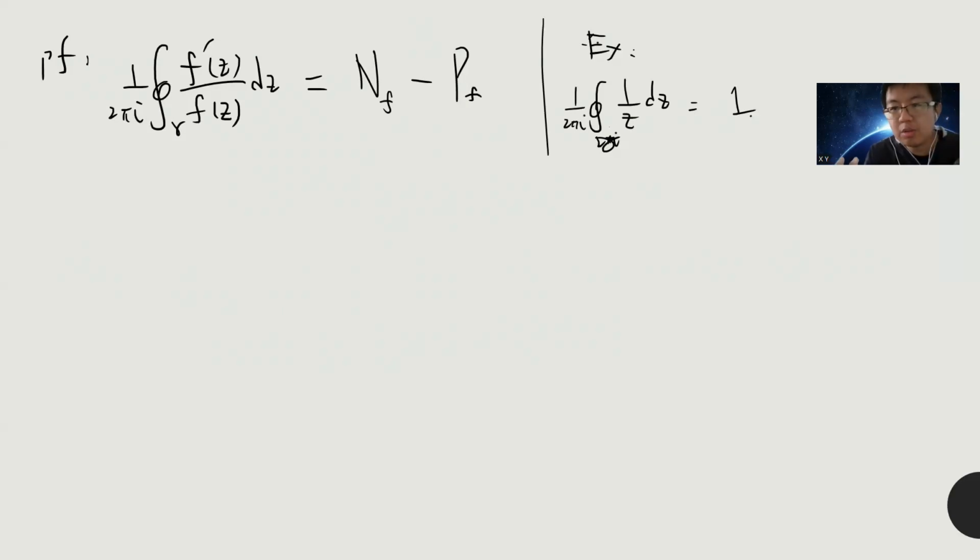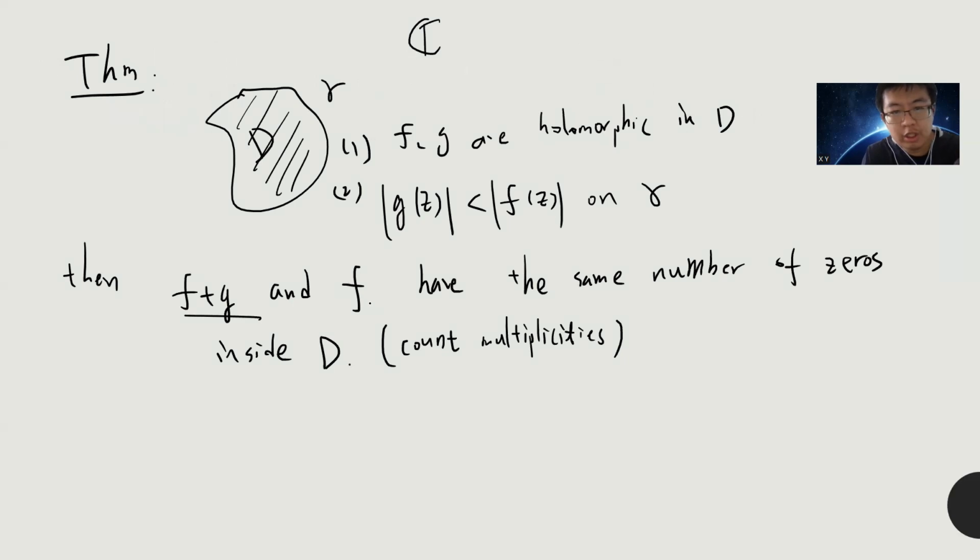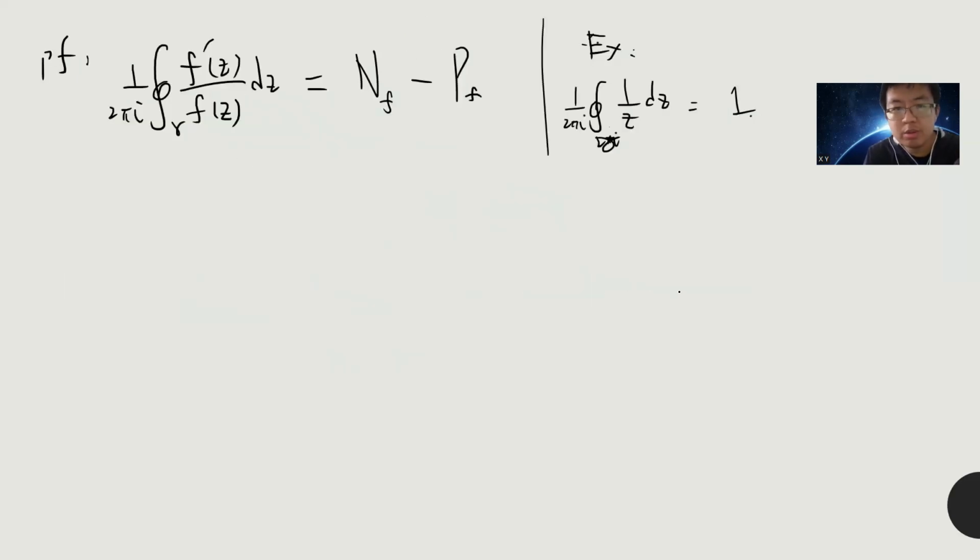So all we need to do is prove that f plus g and f have the same number of zeros. Using this formula, and since we know f and g are holomorphic in D, there are no poles. So it's very simple, we just compute this. By definition, we just need to show this difference is 0.